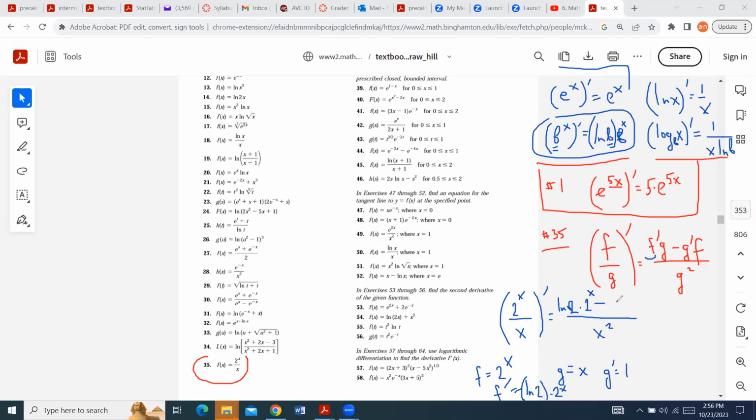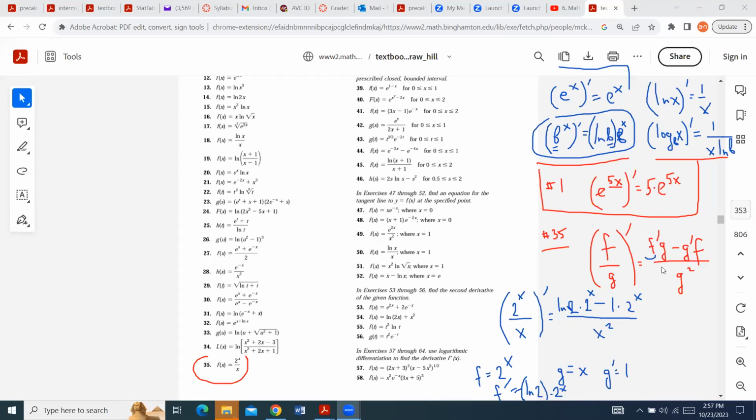And then we subtract g prime, which is 1, multiplied by function f. Well, that's 2 to the power of x. So I recommend leaving it like that. Because yes, you can factor out 2 to the x and then rewrite your denominator in a factored form, but there's no need for it. But if you really want to, I'm not going to stop you. It is really up to you.